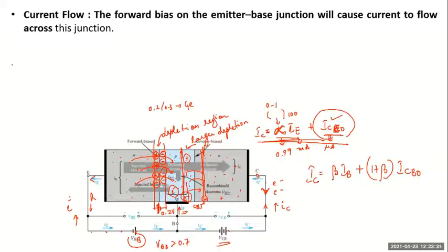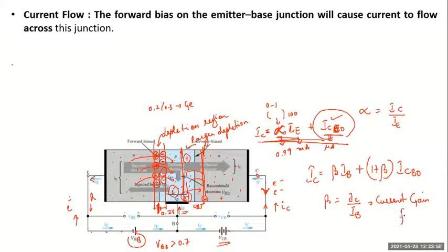Beta represents, here alpha, what does alpha represent in this equation? Alpha represents the ratio of collector current to emitter current. So alpha is the ratio of collector to emitter current in this case, whereas beta is the ratio of collector to base current. We also call this the current gain factor.